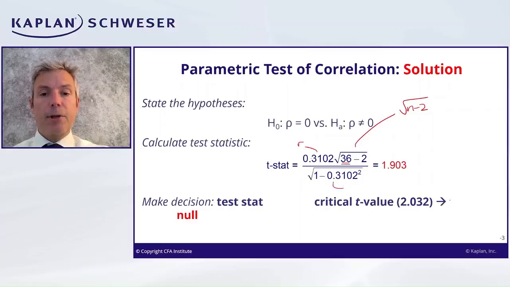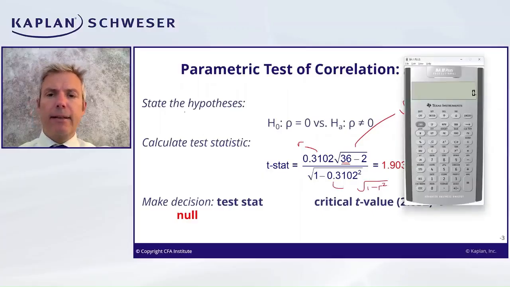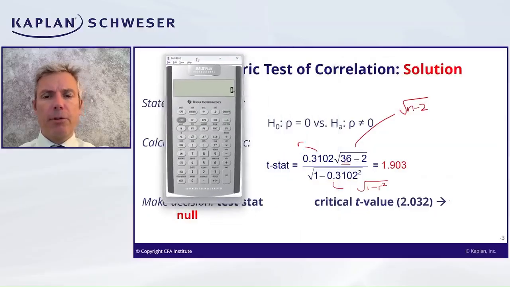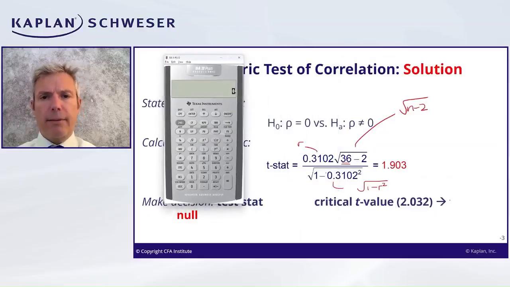And then underneath here, notice you only need r and n, and you can calculate the whole thing because underneath there you've got the square root of 1 minus r squared. So take your time on the calculator. There's quite a bit of junk going on the bottom, so I'll start with the fiddliest thing, and that is squaring 0.3102.